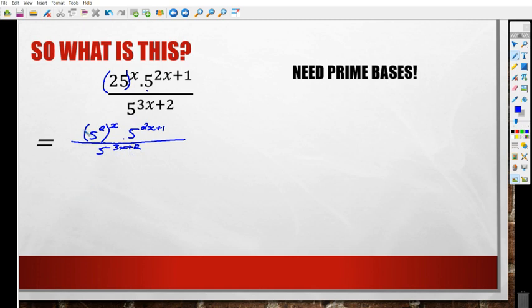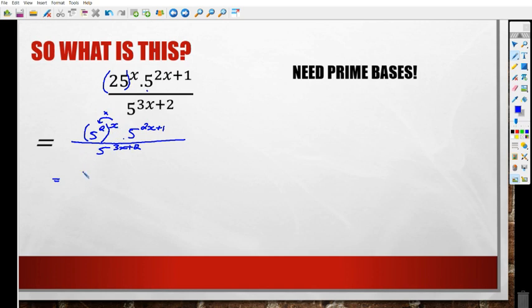Now let's simplify this bracket. I don't want that bracket there anymore. I see I've got an exponent outside of a bracket, so what am I going to do with the exponent inside? I'm going to multiply whatever's outside with the exponent inside.